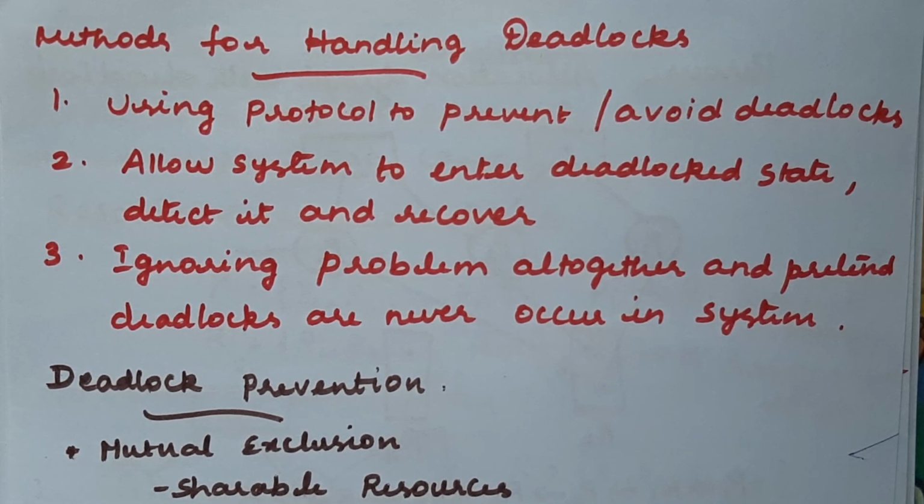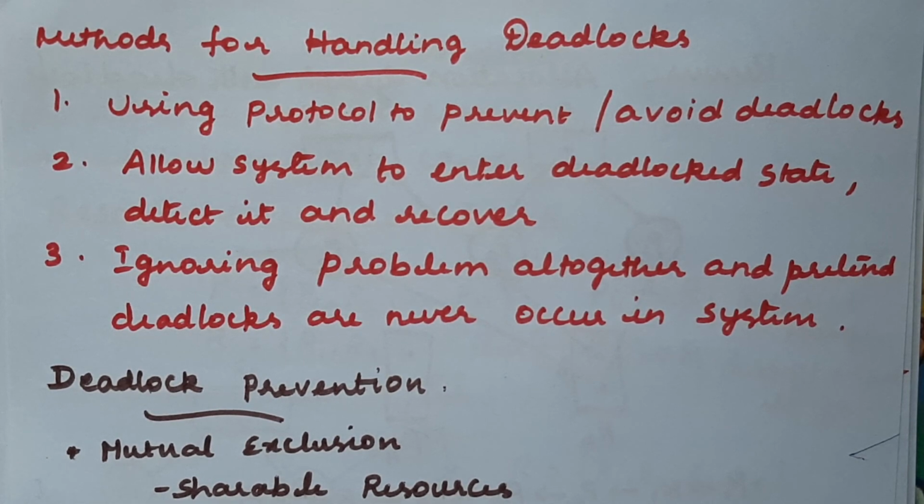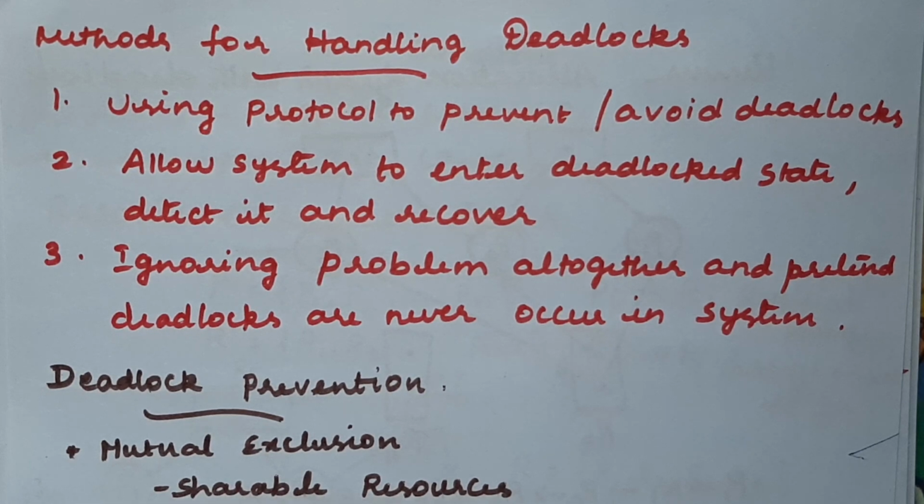It is highly difficult, and not only difficult, it is more expensive because we need many resources and specific functionalities to recover from the deadlock. So it is much more expensive and very difficult too. These are all the methods we are going to follow when dealing with the deadlock.